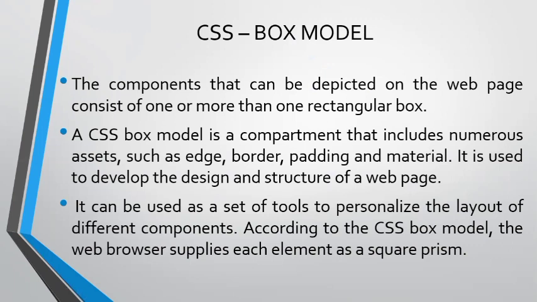If you consider an A4 sheet, when you try to write anything on it, what is the first step we do? We draw the border on the A4 sheet so that it gets a proper structure and alignment.